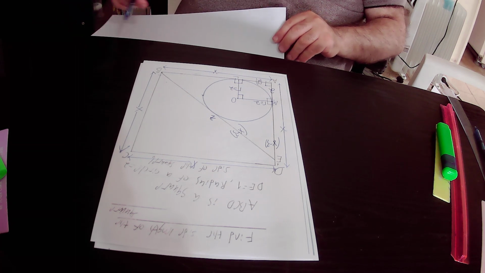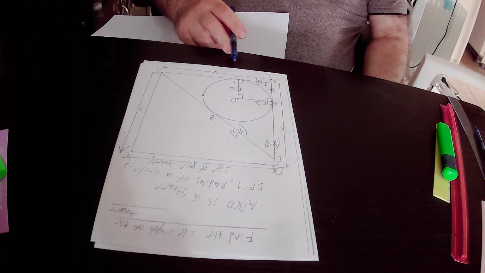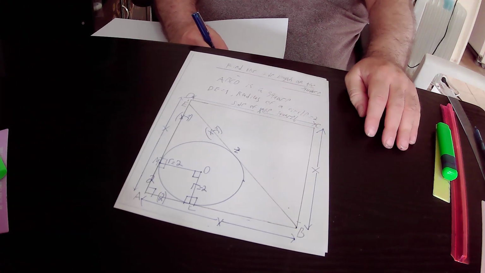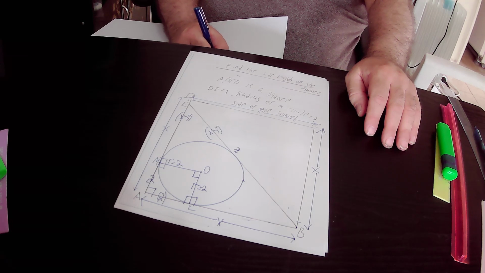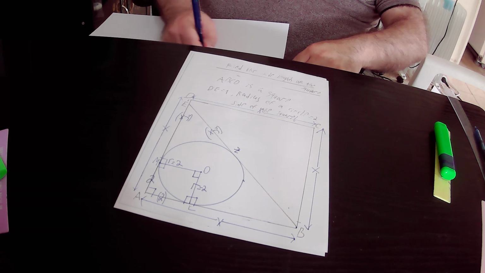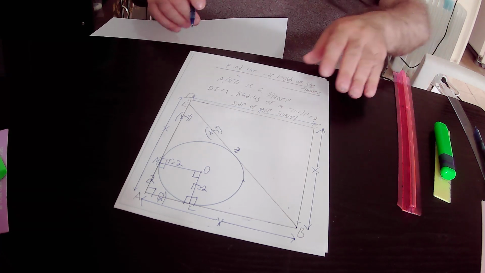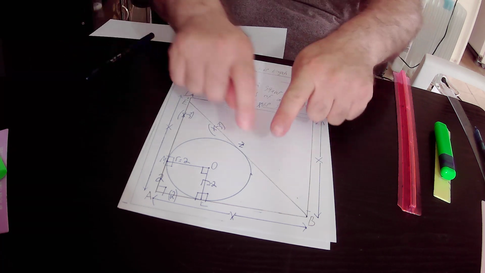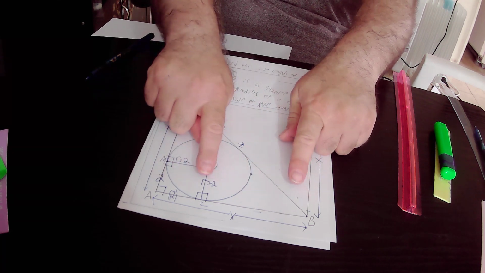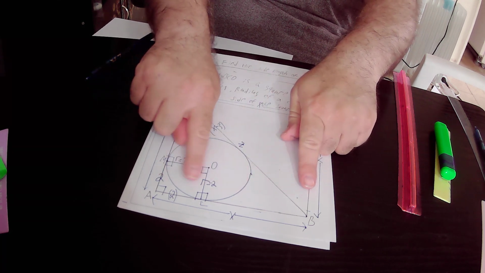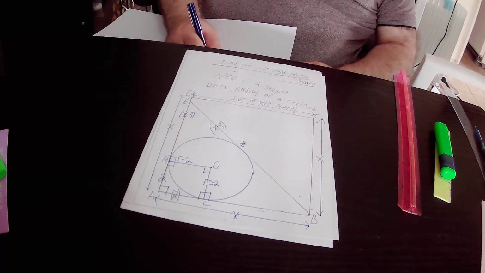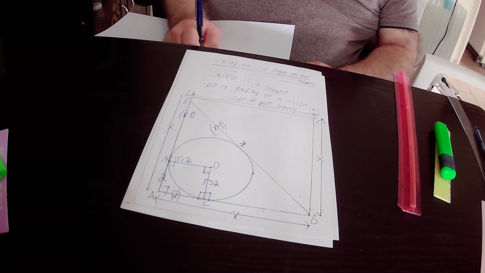What is the length of tangent BL? From the drawing it is very easy to see that BL equals BA minus LA. Again, BA minus LA equals BL.